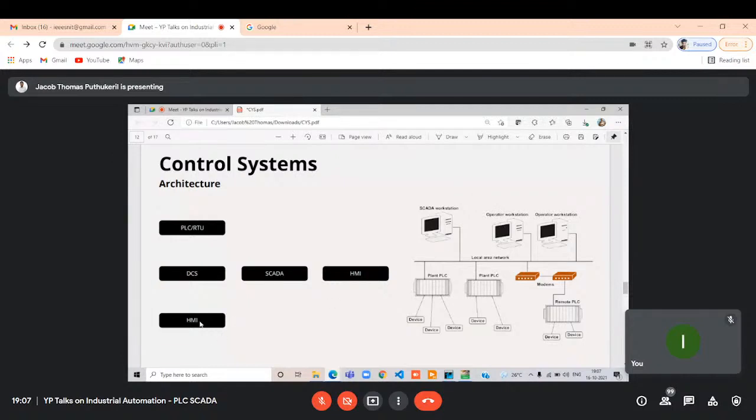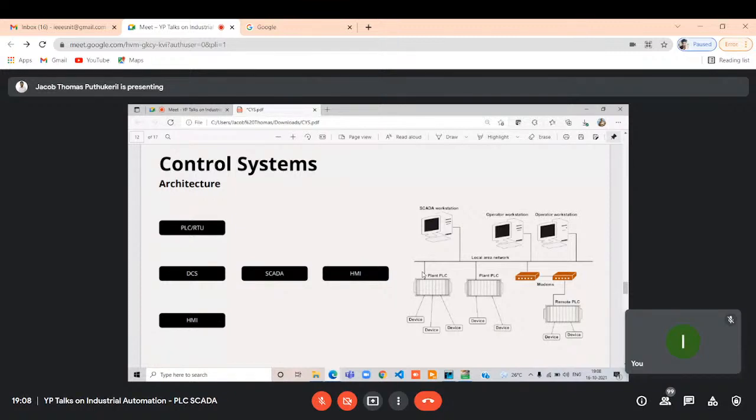And again, we'll be having an HMI. HMI is a common thing. Whenever you see a machine, there will be a screen over there. That is the human machine interface, the HMI system. In a PLC system also, we are able to program the HMI. So we get to know, oh, this station is down.